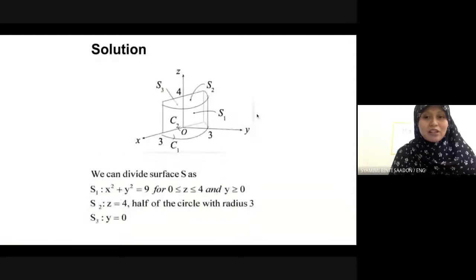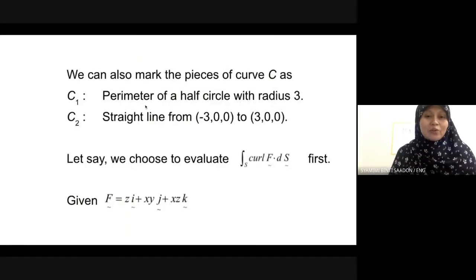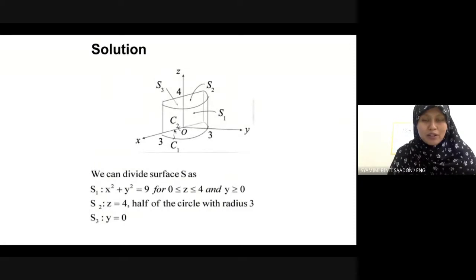Imagine the half circle, this is the curve C1. And another one, the curve C2, is the straight line from negative 3 to 3.